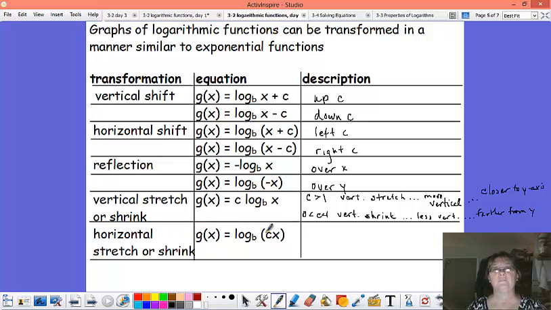Horizontal shrink happens when the multiplier is inside with the function rule, and it behaves exactly the opposite of vertical. So when C is greater than 1, we get a horizontal shrink. That is, it gets less horizontal, and it moves away from the x-axis.